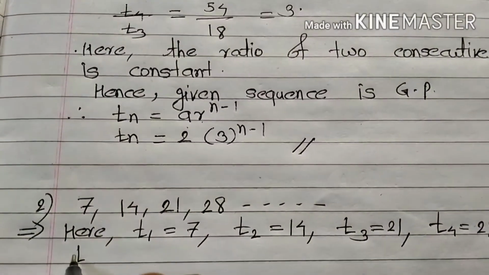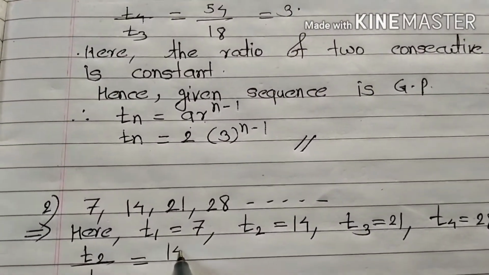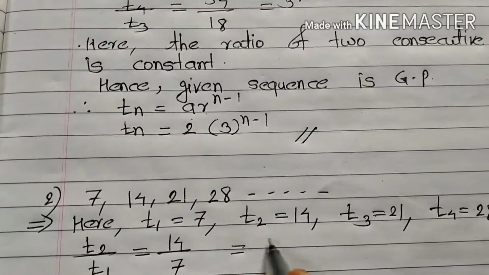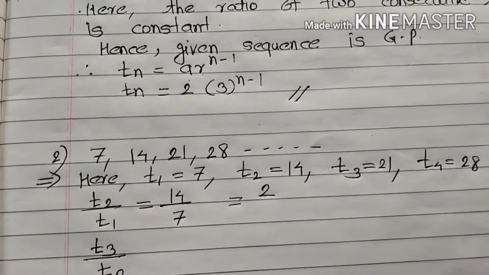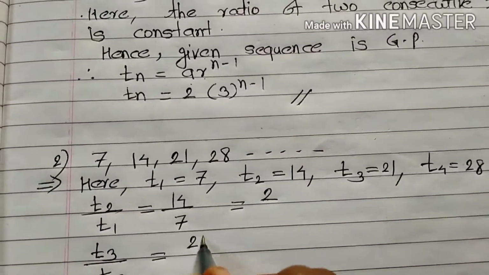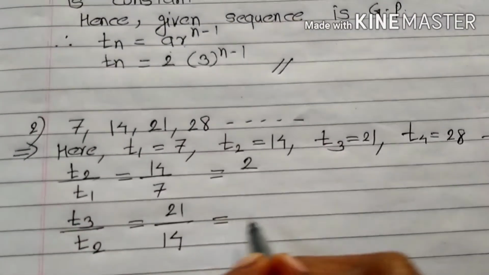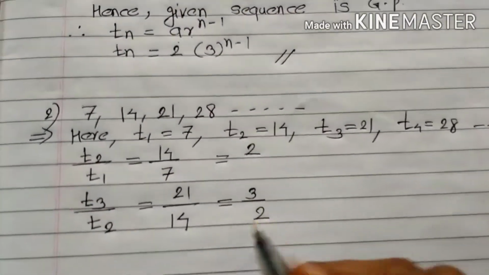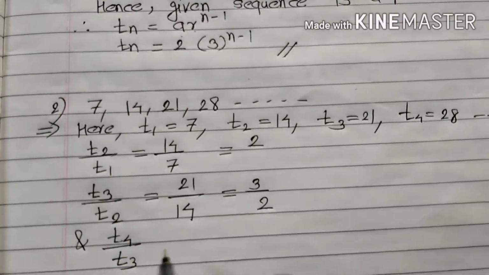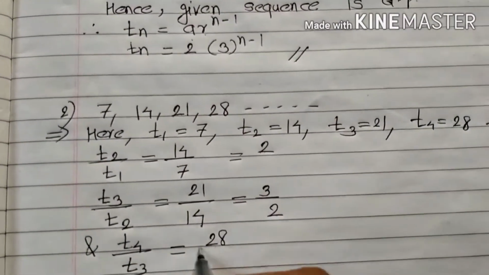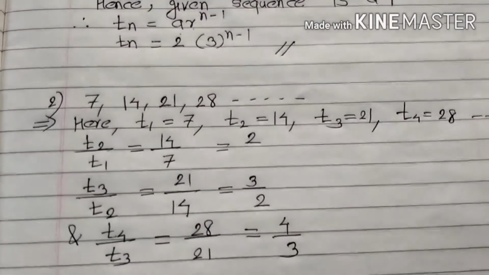Now check, T2 upon T1 is equal to 14 upon 7, which is equal to 2. Now T3 upon T2 is equal to 21 upon 14, which is equal to 3 upon 2. And T4 upon T3 is equal to 28 upon 21, so it is 4 upon 3.